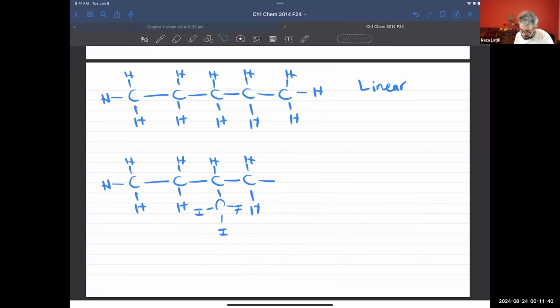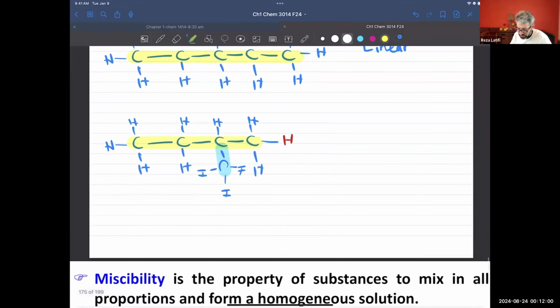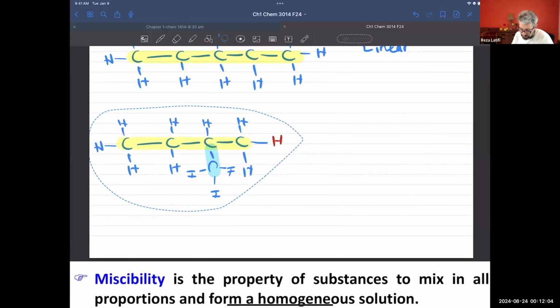The hydrogen that I cut, I'm going to put there. So now what happened? We got one branch. This is the main chain, and we got one branch here. Remember, the main chain used to be that one. We're going to repeat this.